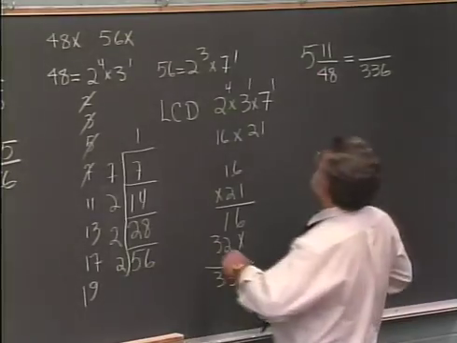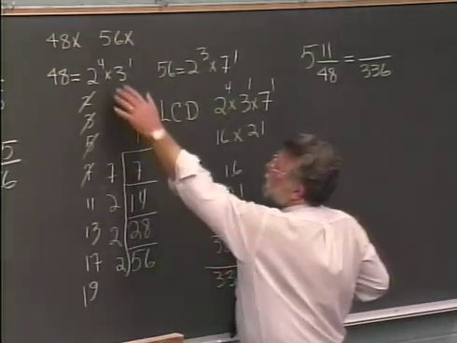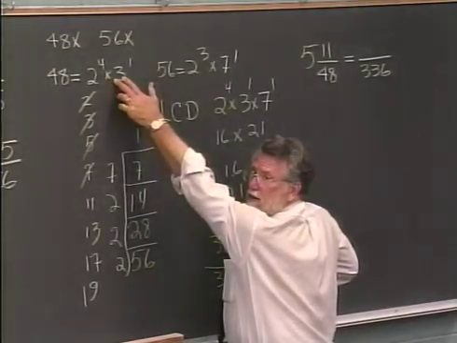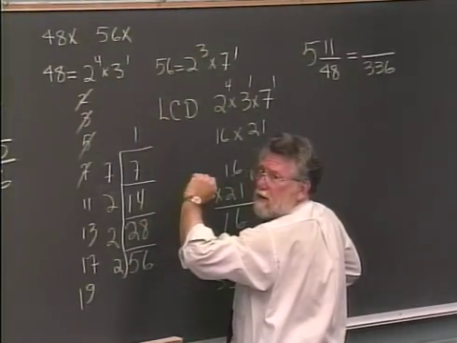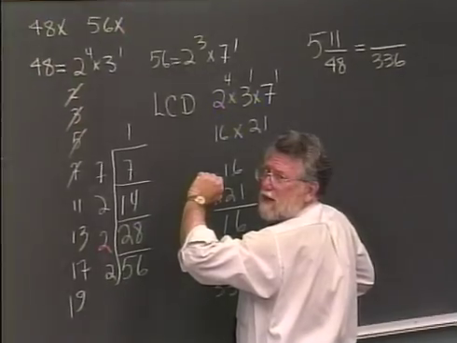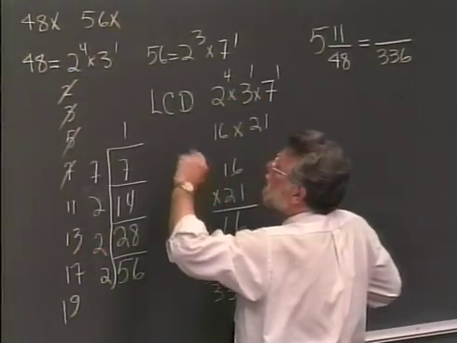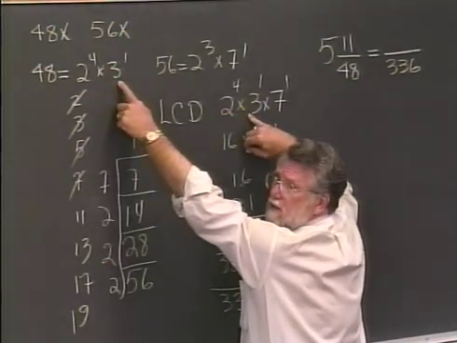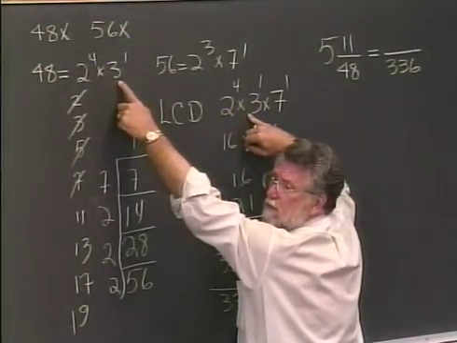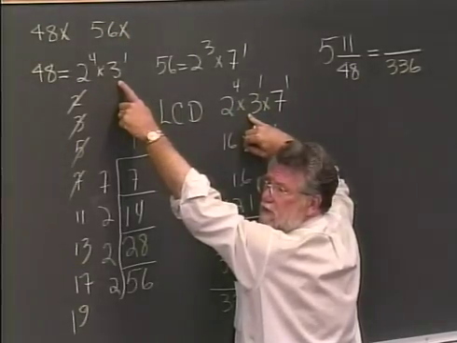Make the comparison. This is what I had. Okay, a little bit tighter, Ernie, because it's hard to see. Keep going. Okay. I have 2 to the 4th, 3 to the 1st. Here's what I want. So what am I missing? Sesame Street time. The 7, right? 7 to the 1st.